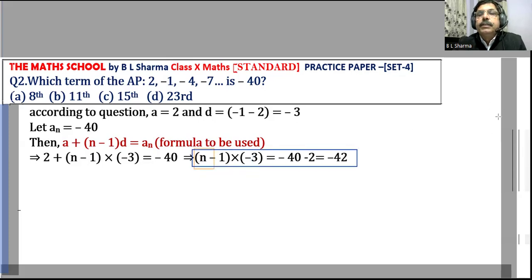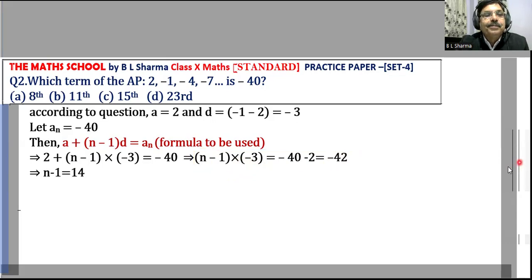You cancel out here. Minus 42 divided by minus 3, that is 14. So n minus 1 will be equal to 14. So what will be the value of n? So n is 15. So we can say C is the correct option. So the 15th term of this given AP is minus 40, and this is the answer of this question.